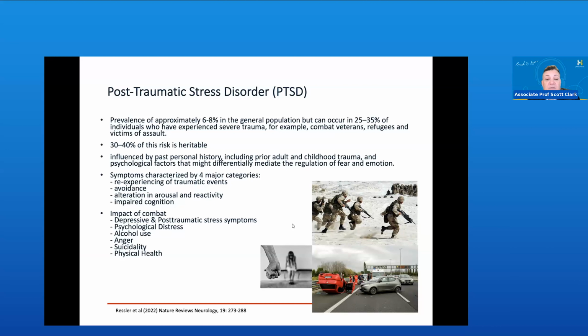And PTSD has 4 major symptom categories: the re-experiencing of traumatic events, and that's the flashbacks that I guess people might be familiar with, and the concept of avoidance. So people avoid triggers that remind them, that trigger these flashbacks or remind them of specific events. There's an alteration in arousal and activity. So people become hyper-aroused.